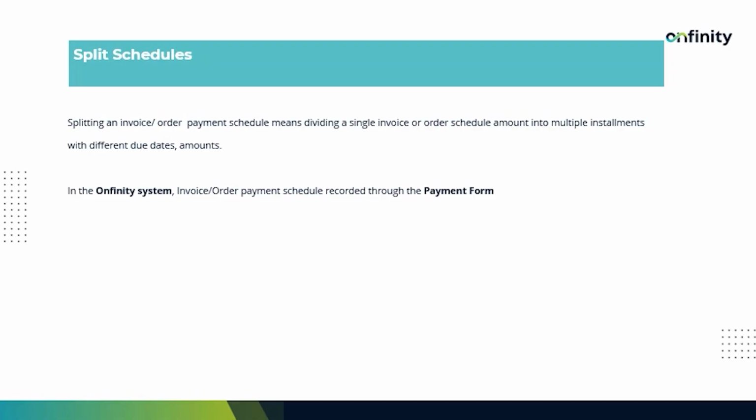Splitting an invoice or order payment schedule means dividing a single schedule amount into multiple installments, each with its own due date and amount. In the Onfinity system, this splitting process is performed directly through the payment form. Now, let's navigate to the Onfinity system to see how to use the payment form for splitting schedules.